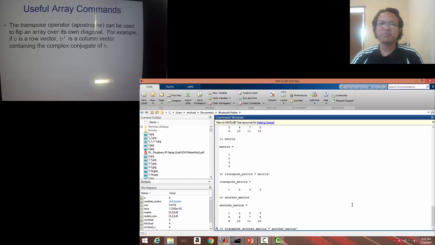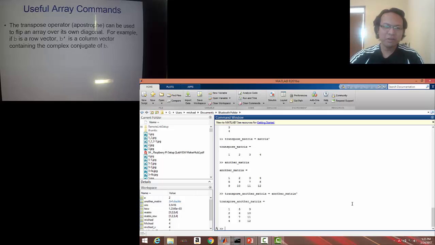Can you guess it? Okay, here we go. All this first row becomes the column. All the second row becomes the second column, and this one becomes the third column. It's just like that. And that's the transpose of this another matrix.